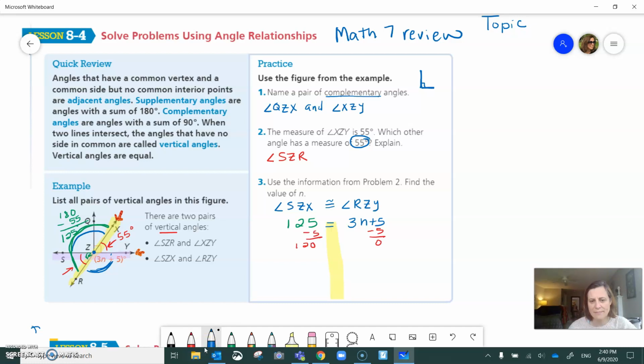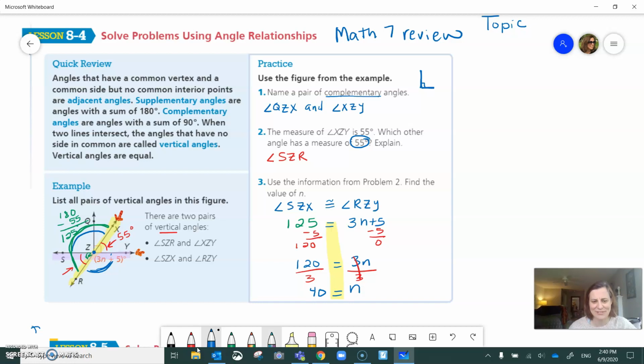And then I'm going to rewrite it. So I end up with 120 is equal to 3n. And we want the n to be alone. It's being multiplied by 3, so we divide both sides by 3. N is finally alone. 1n is equal to 120 divided by 3 is 40. So n should be 40.